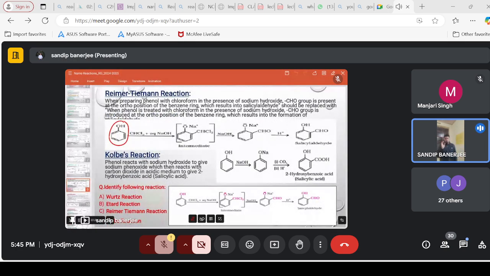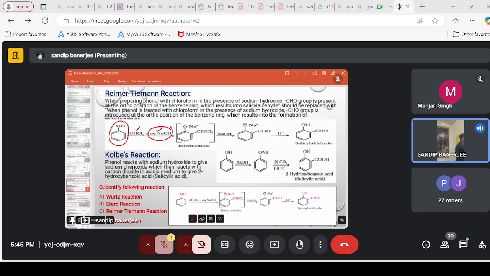The starting material is normally phenol. If you are taking an OCH3 system, then this kind of conjugation, the formation of this intermediate, is practically quite difficult. And if you change the base, then you will get a different product. That is why you have to selectively use chloroform and NaOH.